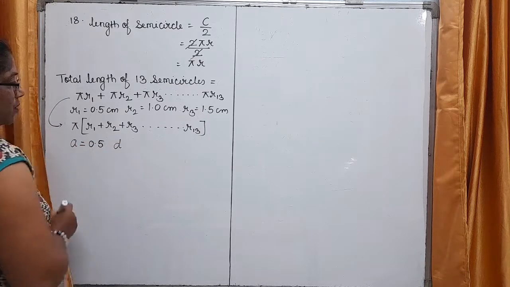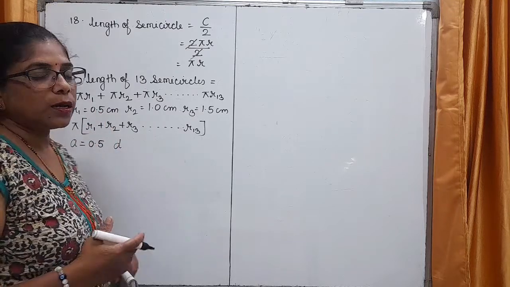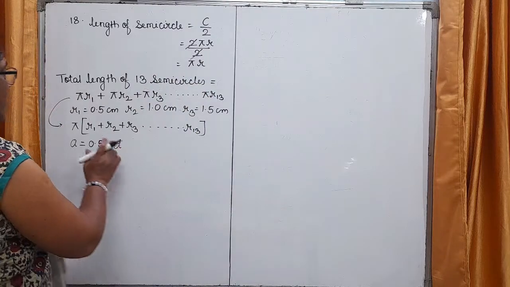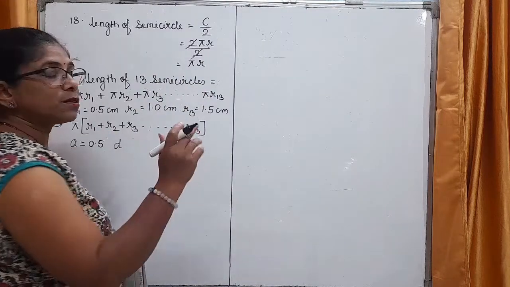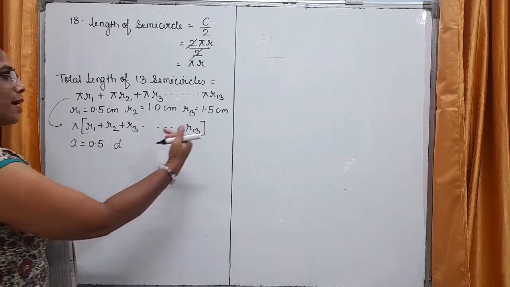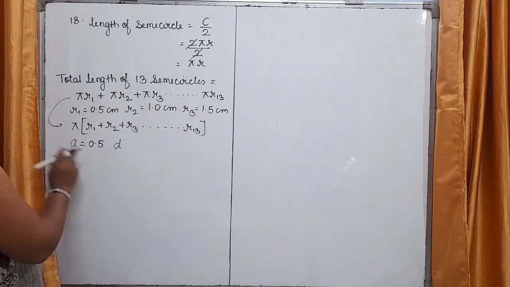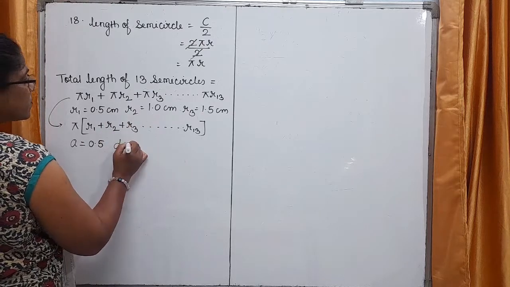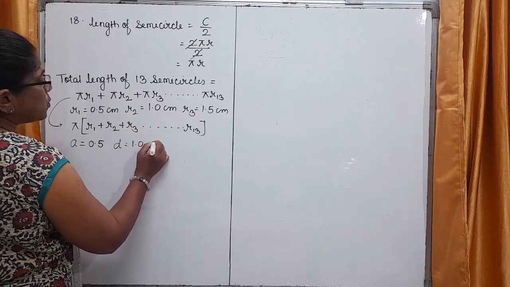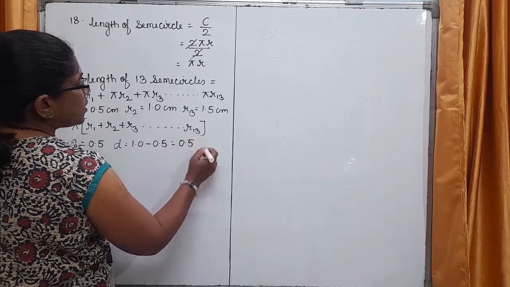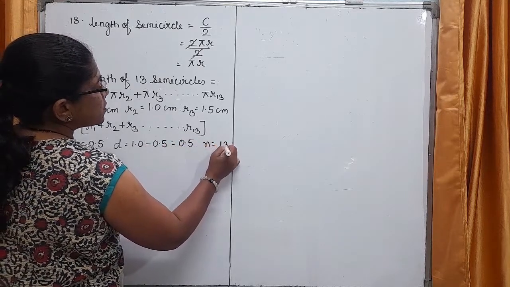Then the common difference: this r1, r2, r3 is forming an AP. So we have to find the sum of these 13 terms, and this is the reason why we are taking a, d and n. So here a is 0.5, d is 1.0 minus 0.5, that is 0.5, and the number of terms is 13.